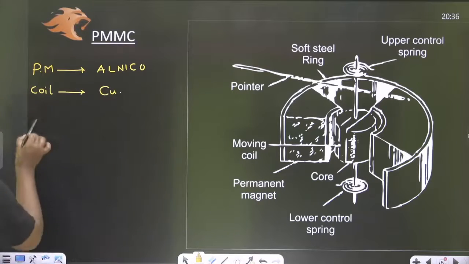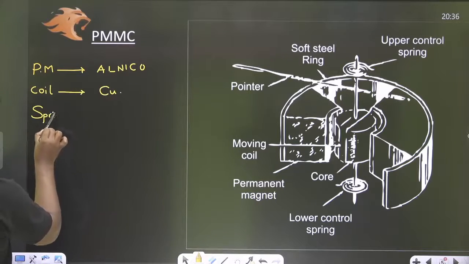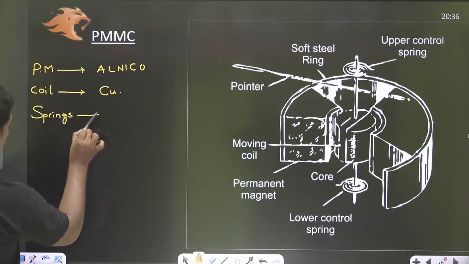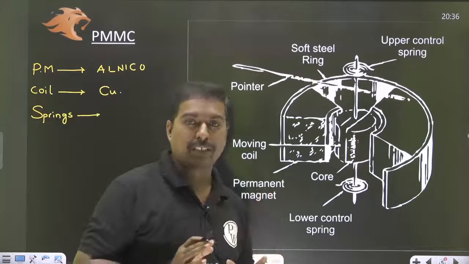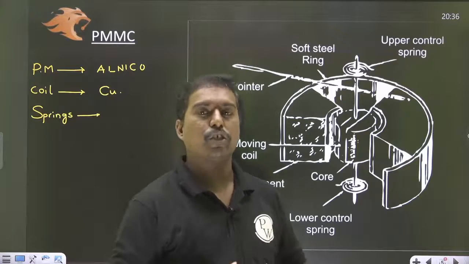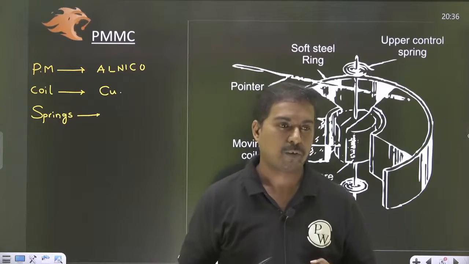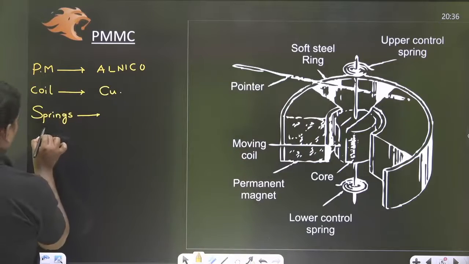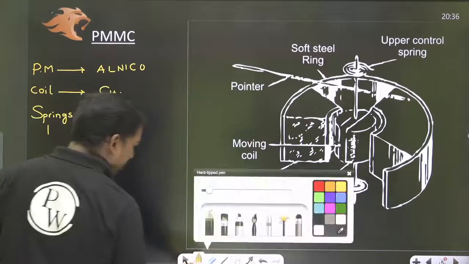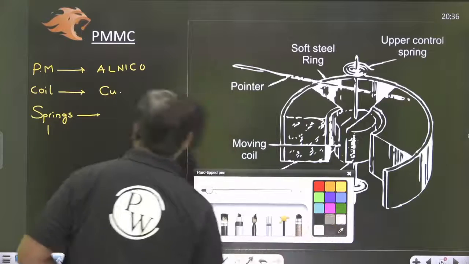And the springs which are connected to the spindle have a certain characteristic. They should allow the current, that's why they are conductive.